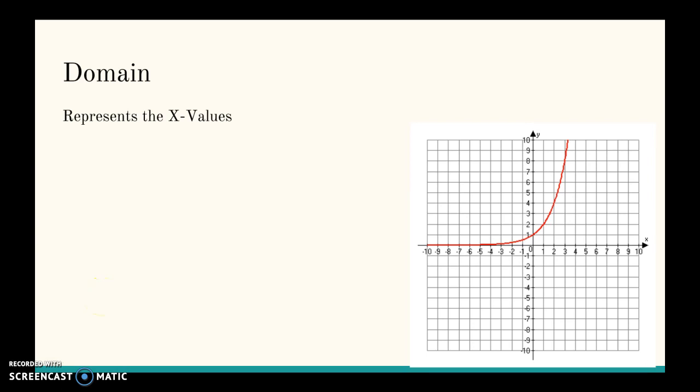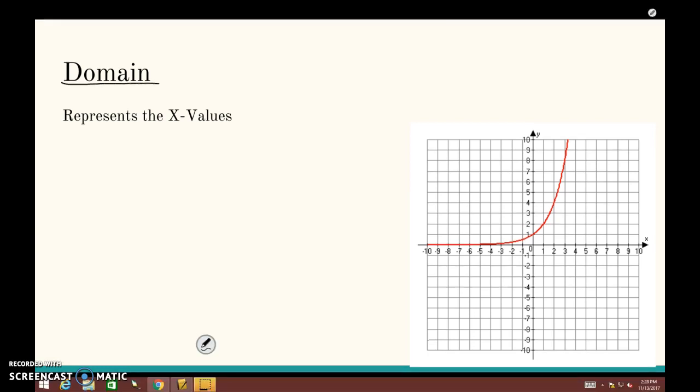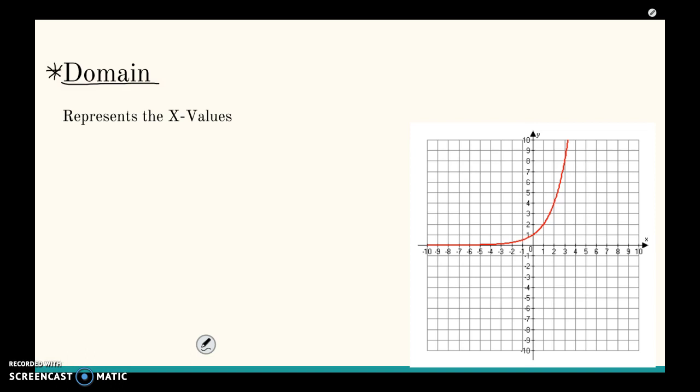If you haven't already, go ahead and take your notes and find the slide that says domain. Okay, that's what we're focusing on here. With domain, go ahead and write this underneath domain. In your box, you're going to write down the words "represents the x values." That's what we want to write down as our definition.